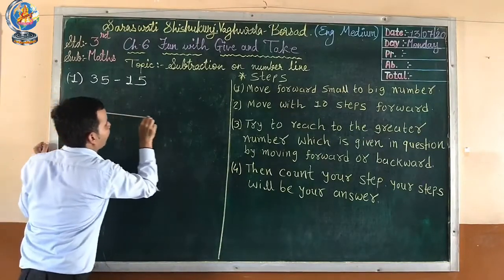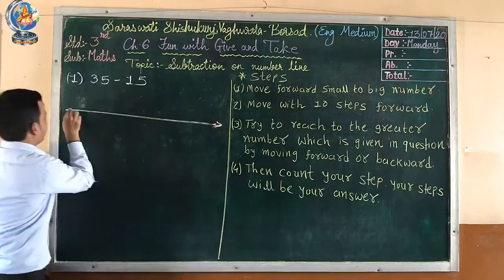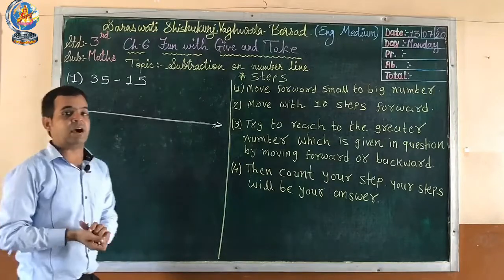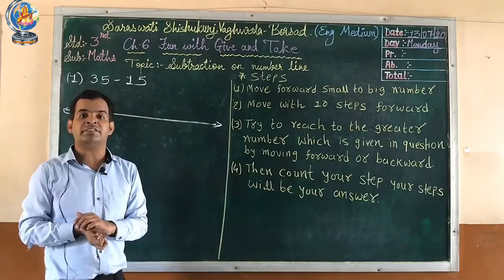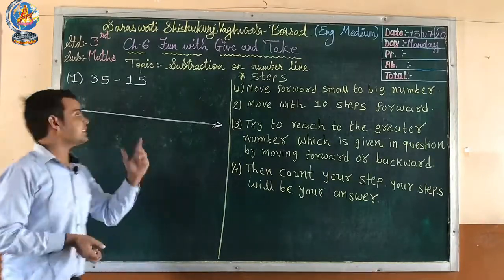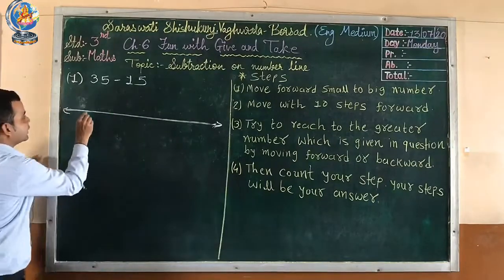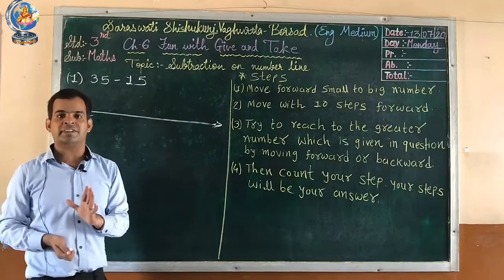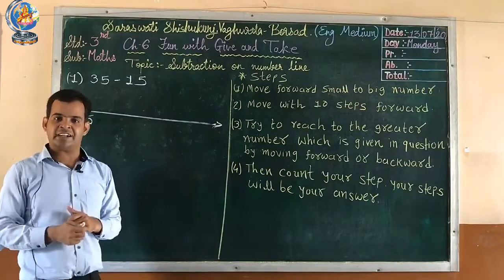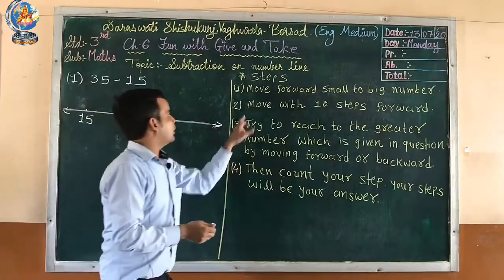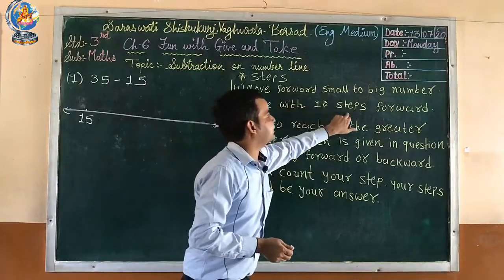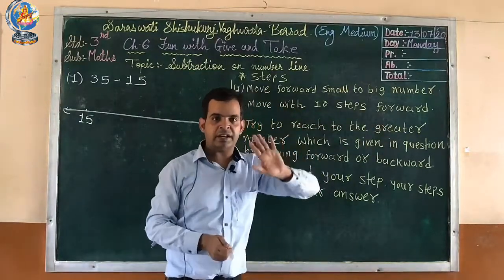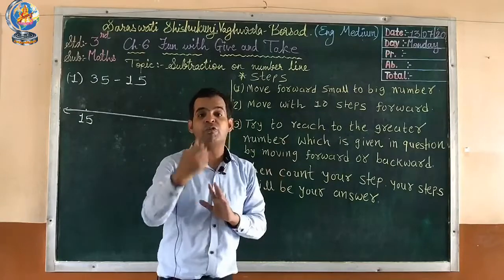On the number line which number do we write first? The small number, which is 15. So here I will write 15. Understood the first step. Now let's move on to the second step. Here we have to move 10 steps forward.